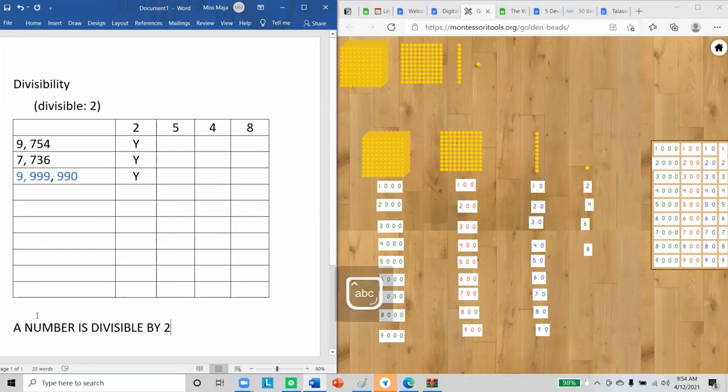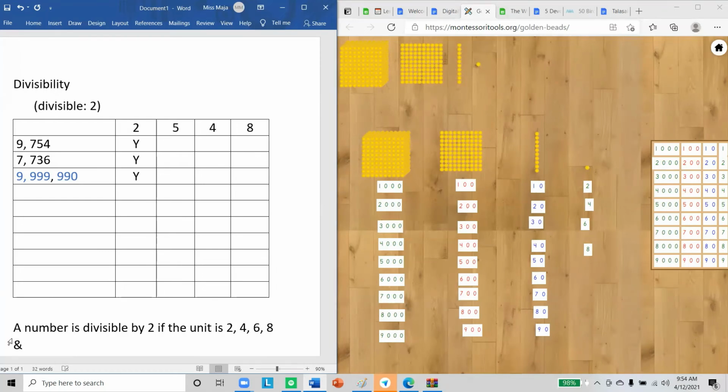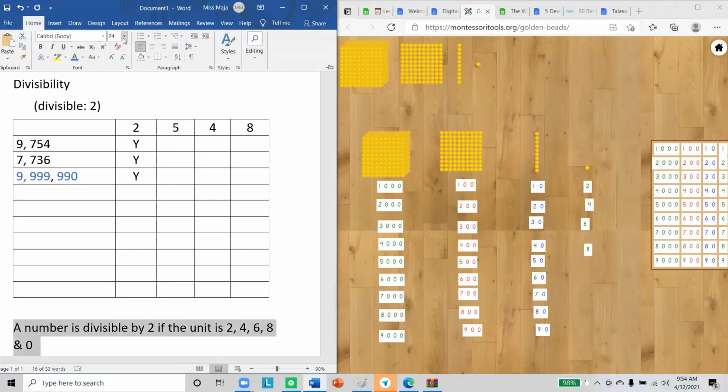A number is divisible by 2 if the unit is 2, 4, 6, 8, or 0. That's the exact same thing I saw in my head a while ago.